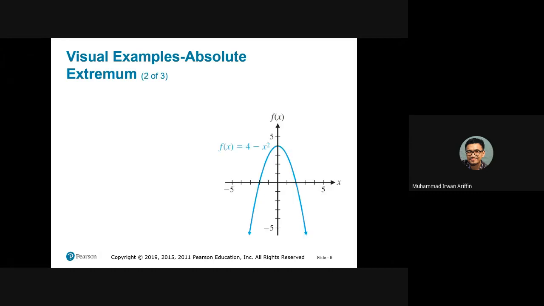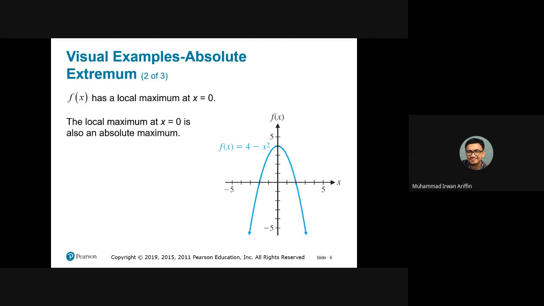Second example, in this case we have a quadratic function f of x equals 4 minus x squared. It has a local maximum, the highest point within this locality, at x equals 0. At x equals 0, our f of x is the highest.